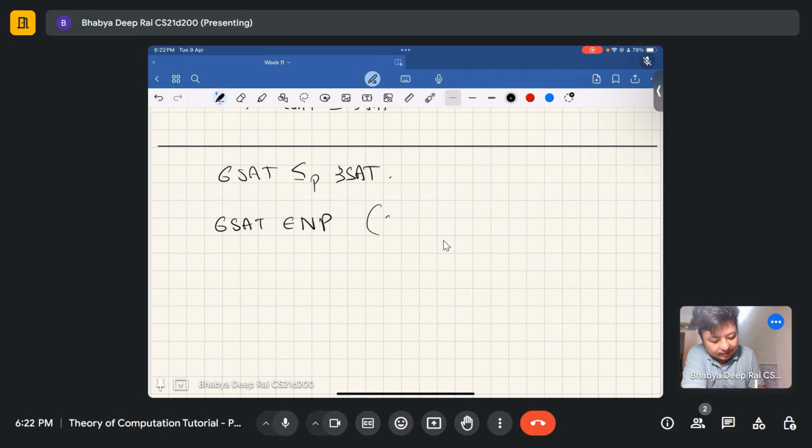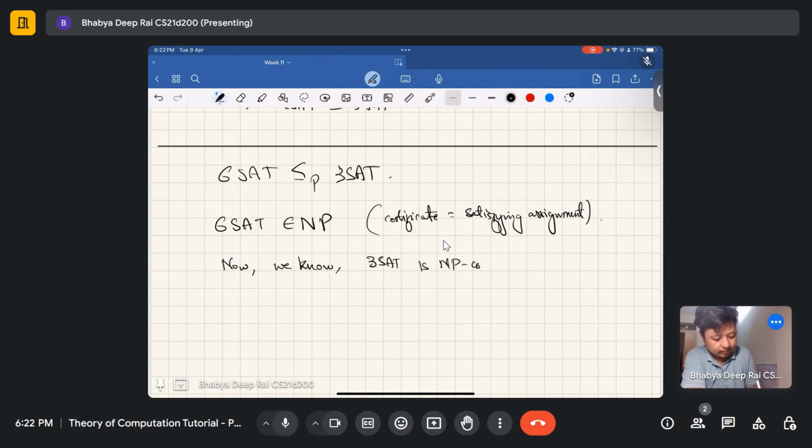So the certificate is nothing but the satisfying assignment. Okay. So yeah, this is 6 sat, and it is in NP. Now, what do we know? 3 sat is NP complete.